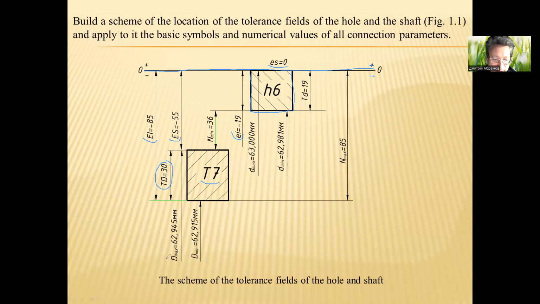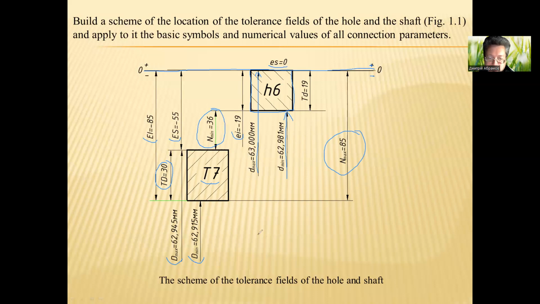And we have the maximum diameter of the hole and the minimum diameter of the hole, the maximum diameter of the shaft and the minimum diameter of the shaft, the maximum interference of the fit and the minimum interference of the fit.